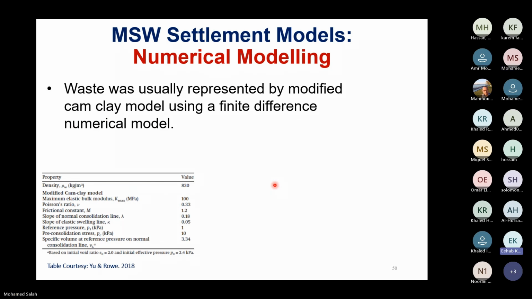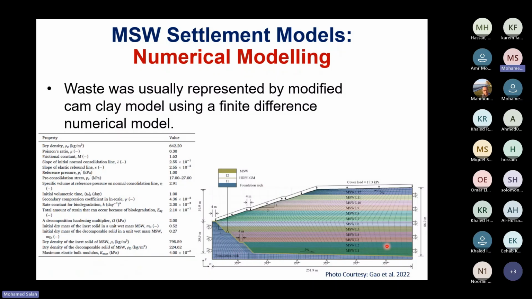So here to the right, this is an example of numerical modeling for the waste. The waste was defined by dry density, Poisson's ratio, frictional constant, values similar to the consolidation parameters, time, and here also there was a factor that represents a total strain due to biodegradation.